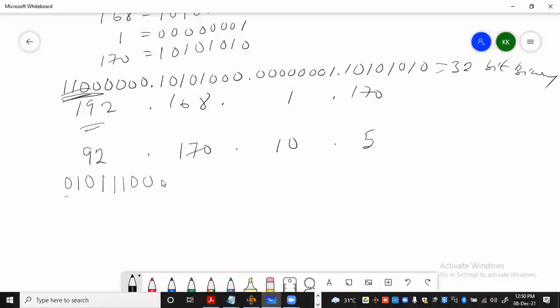So the first 4 bits were 64 plus 16, which gave you 80. 80 falls under class A, because class A starts from 1 to 126, and 80 as well as 92 falls within this range. So that's a class A.